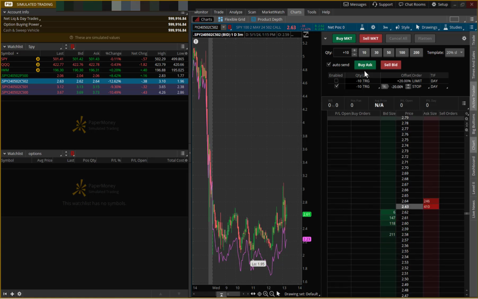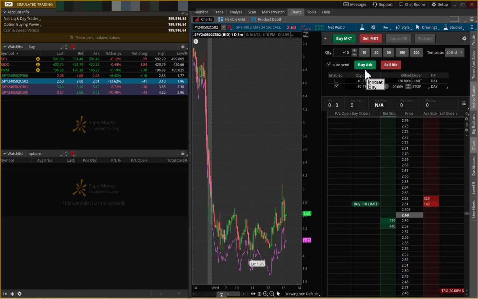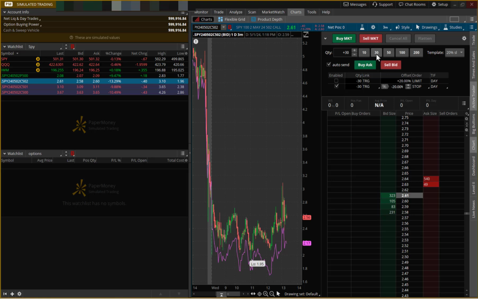When you click here on any position, as you can see here, this is your average price, or buy the market or buy the ask. Most of the time I like to use buy the ask, to avoid any spread, or I want to get filled exactly at the price I want. So let's buy now, maybe 30 contracts.